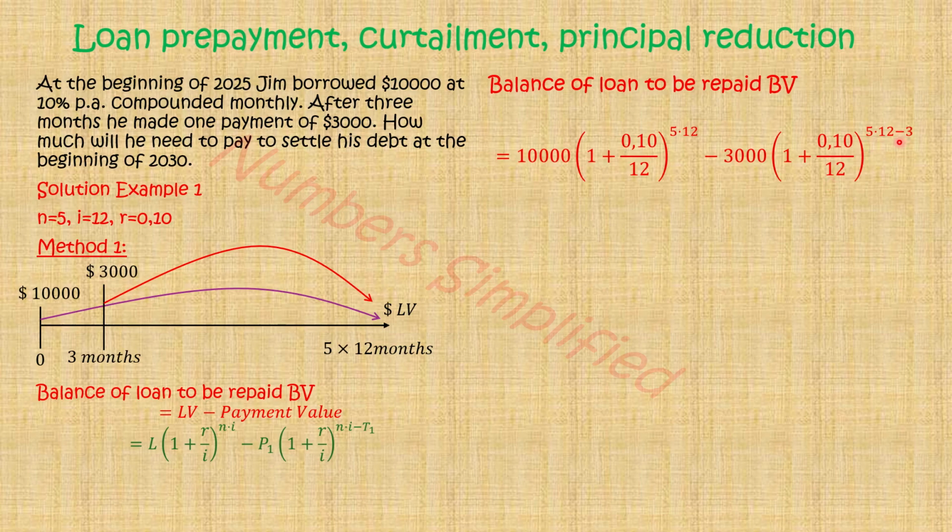We are doing that because the payment would acquire interest from 3 months to the end of the periods until it is due. That $3,000 does not acquire interest from time 0 because it wasn't paid at time 0.